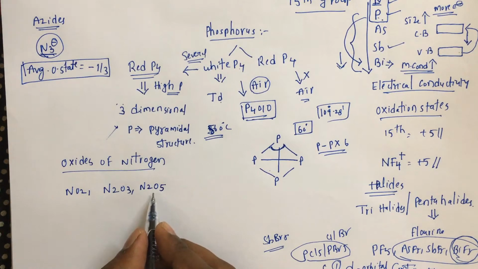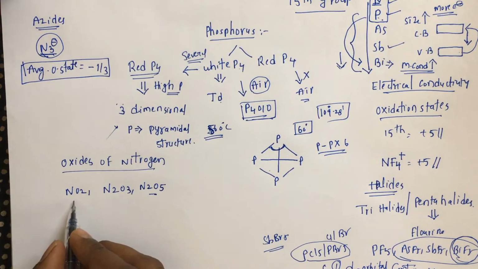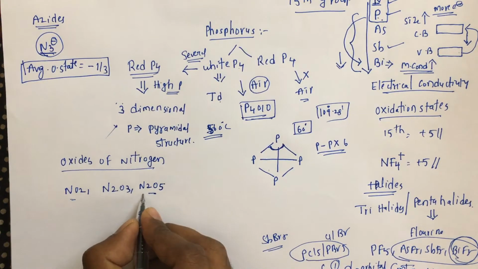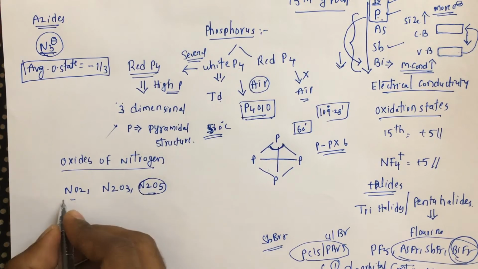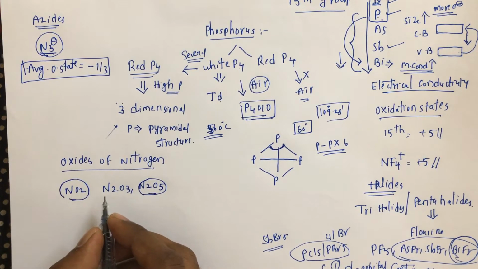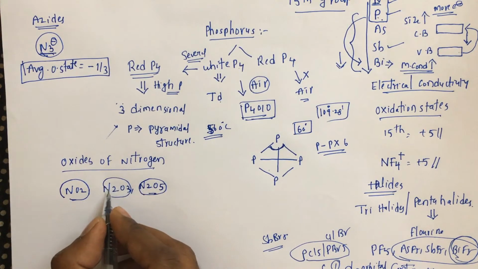N2O5 is very important because many times questions have been asked on N2O5, and sometimes questions are asked on NO2 also. What we need to remember is how N2O5 exists, how NO2 exists, and how N2O3 exists. These are the three things we need to remember.